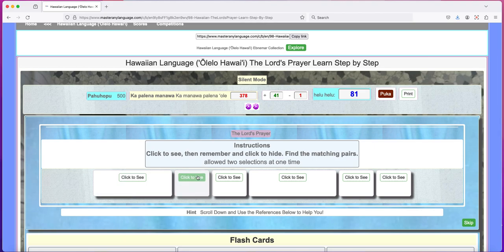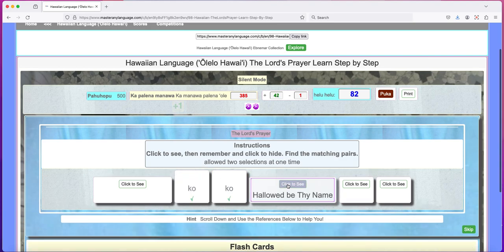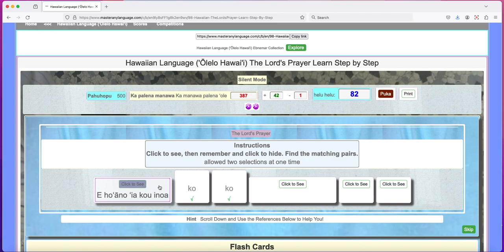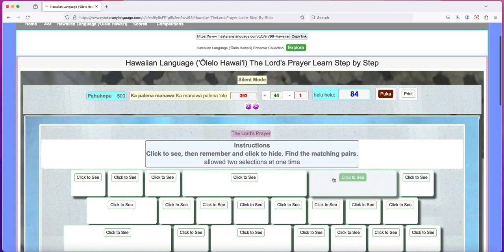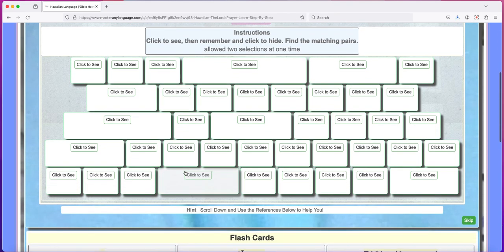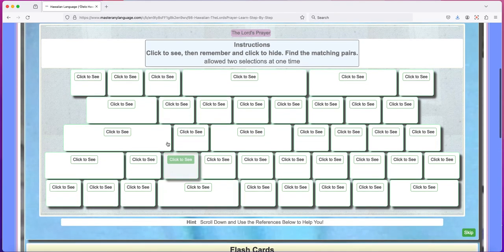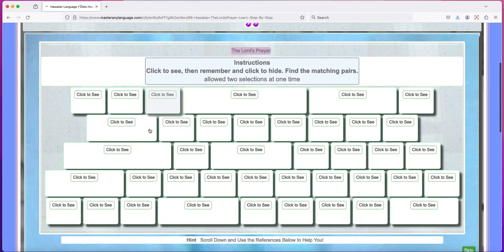Wow. This is step by step. This is really taking time. E ho'ano ya ko inoa. Loko. Oh, okay, here we go. Now we have a different memory matching.